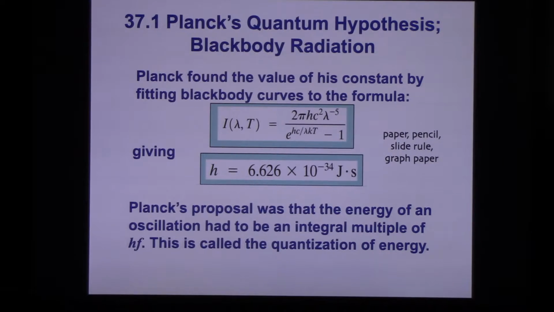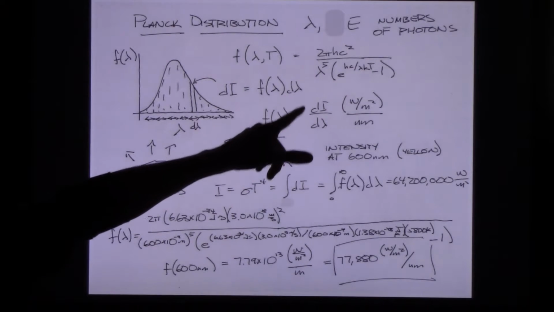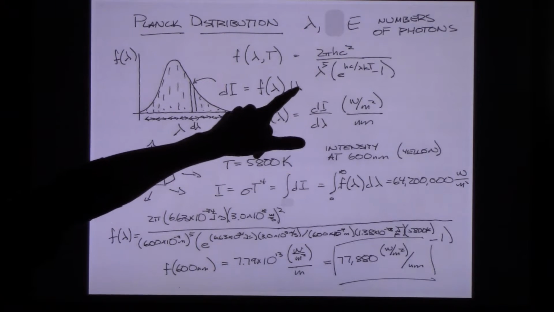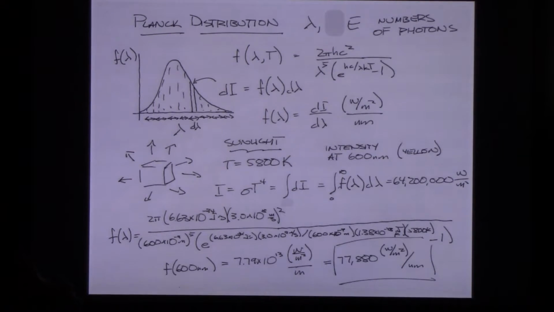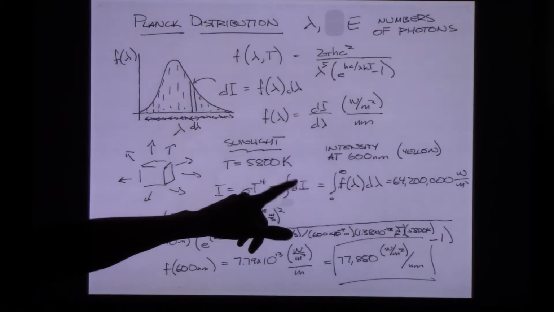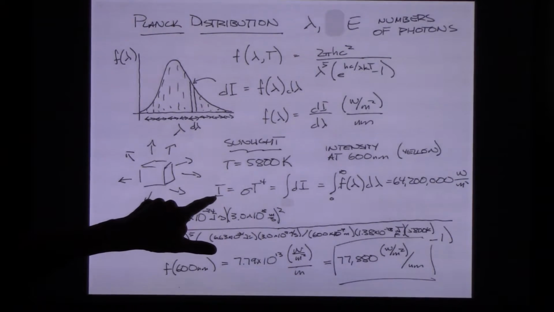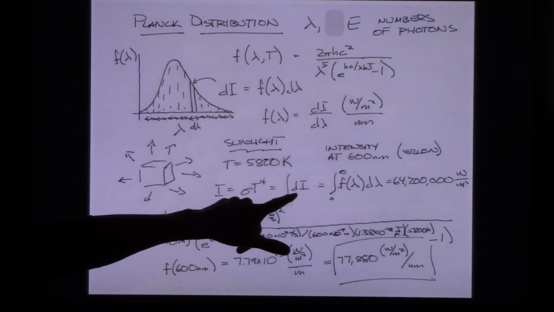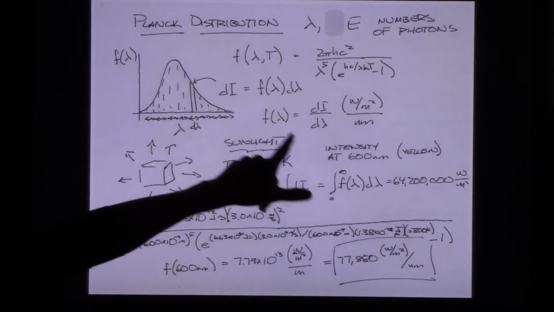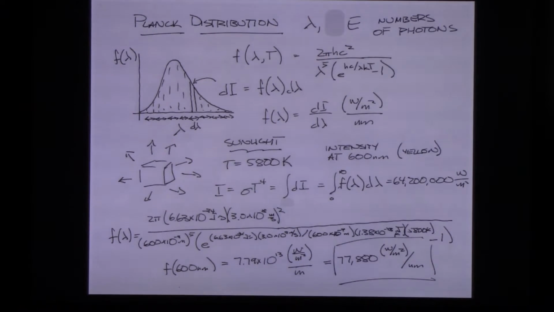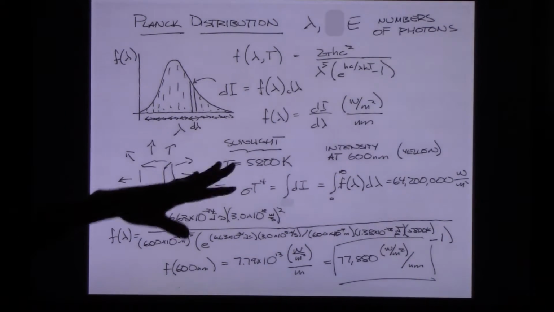What you do is integrate dI d lambda over lambda, and you're adding up all of the dI's. When you add up all the contributions, the little dI's, they're going to add up to the total intensity. So to get the intensity, we add up all the little dI's, which means integrating this function over the wavelength. And we'll see how that's done.